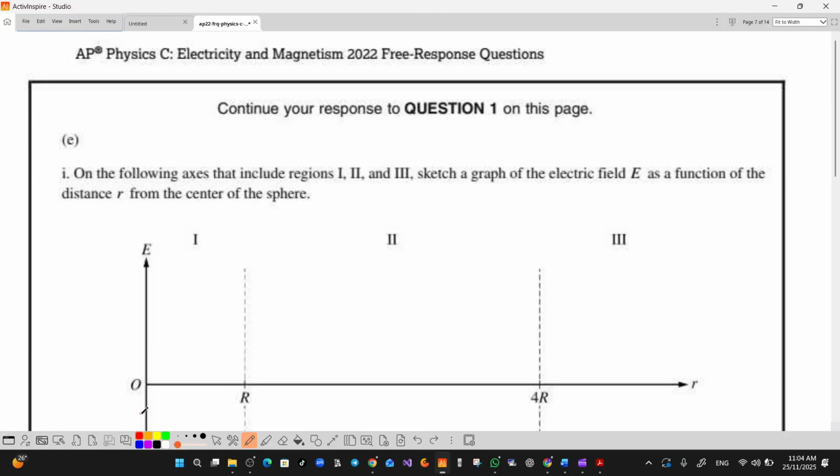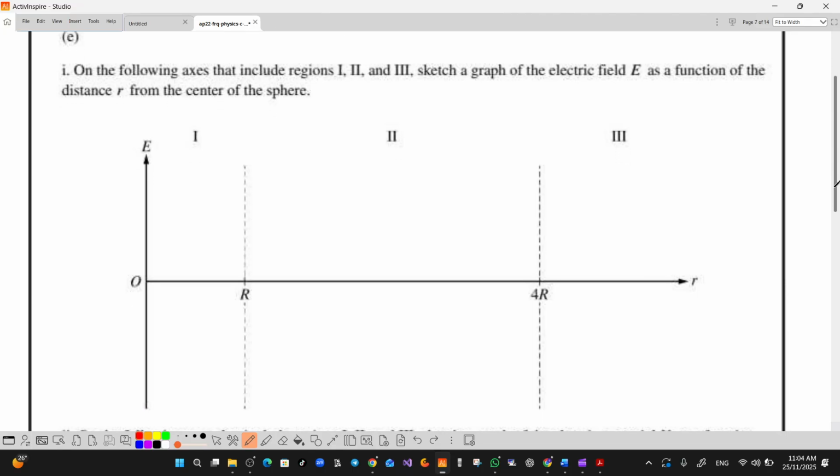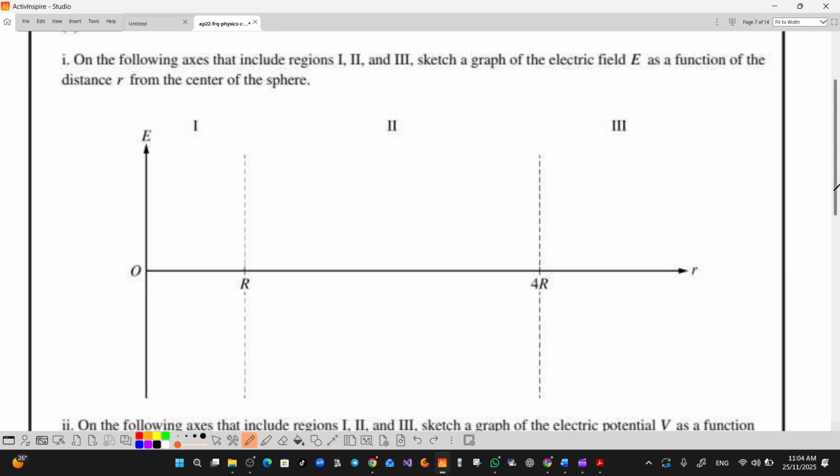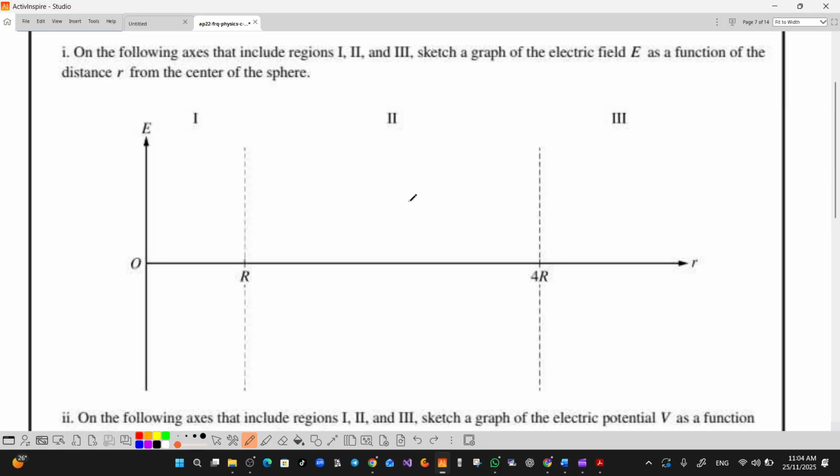Now, in the following regions or following axes that include region I, II, and III, sketch a graph of the electric field as a function of distance R from the center of the sphere. Okay, first of all, the electric charge of the sphere is minus Q. Let me explain this.